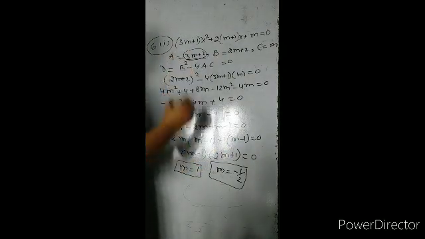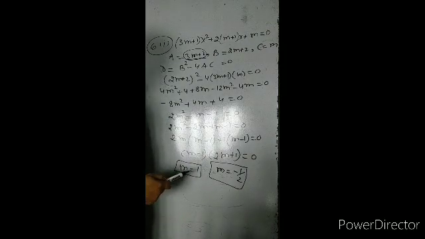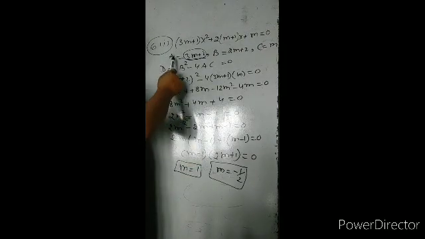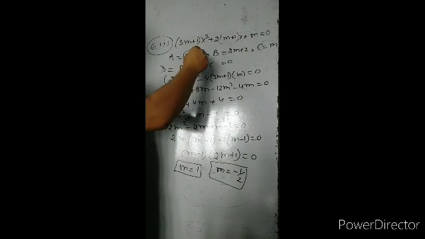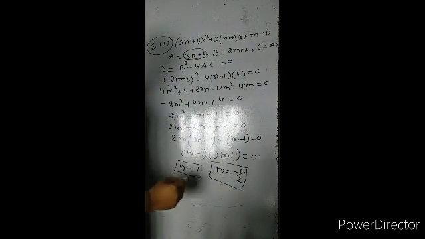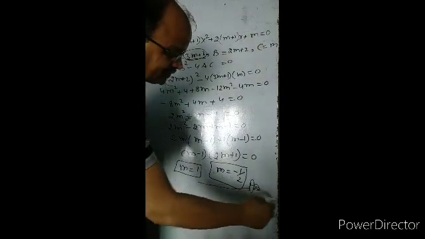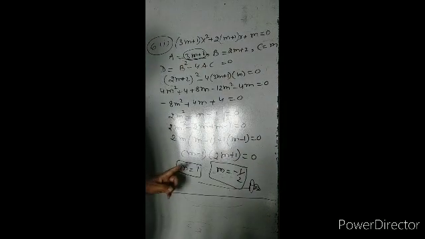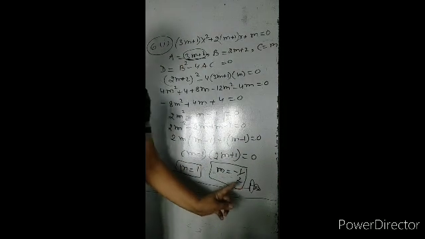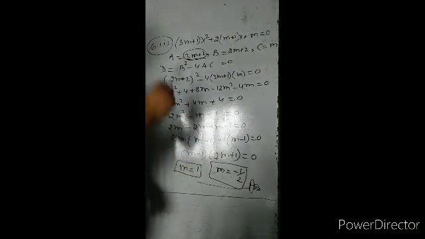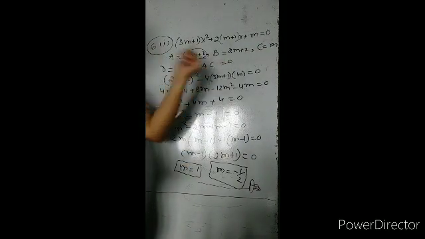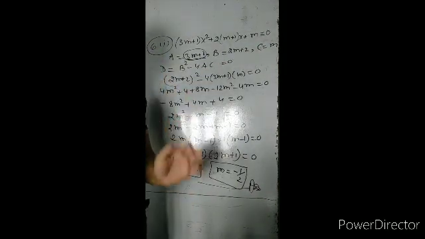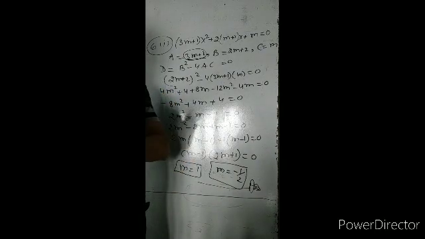So when we put 1 and minus 1 by 2, in both cases a is not equal to 0, so we write both are the answer. When the value of m is either 1 or minus 1 by 2, the roots are always equal. So this type of question you have to do.